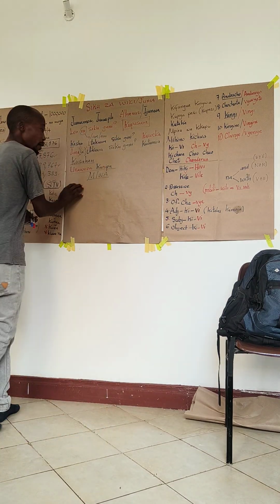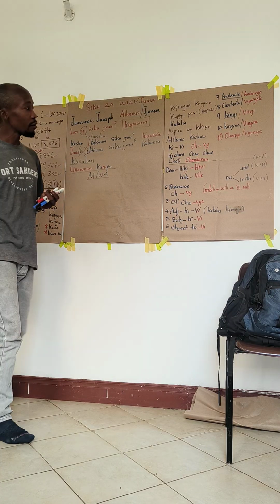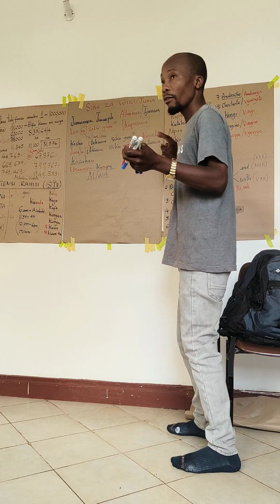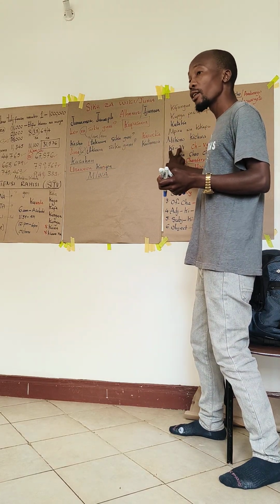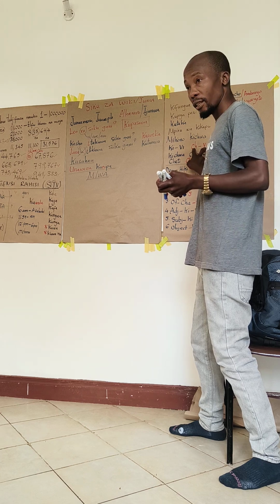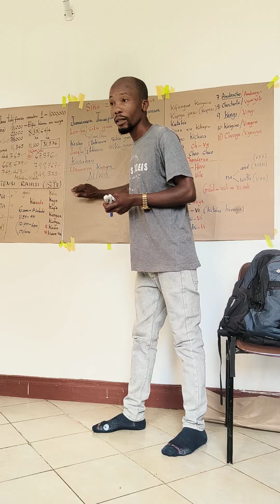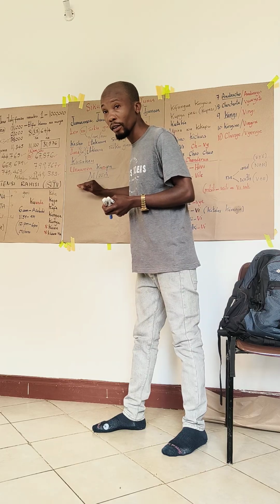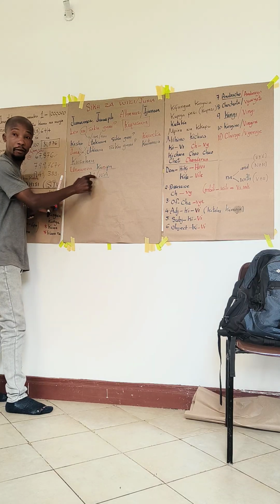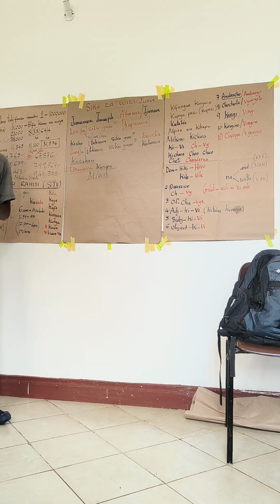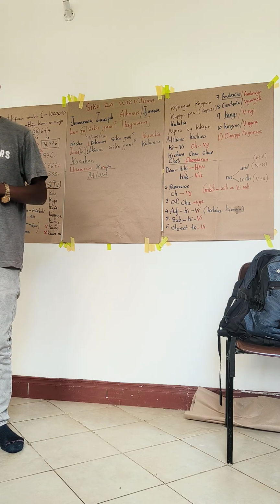Sawa. So here, in the Ki/vi class, we said we have only 2 groups: nouns starting with KI or CH. But here we have about 6 types of nouns. Number 1, those starting with M itself: mtoto, watoto, mtu, watu, mvulana, wavulana, msichana, wasichana.